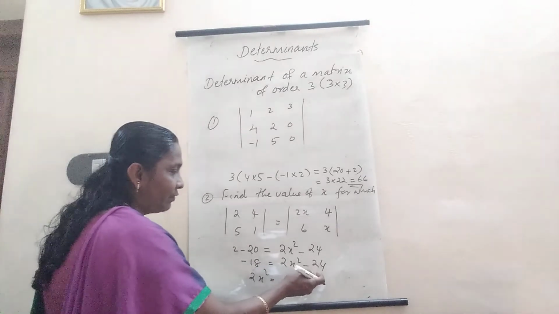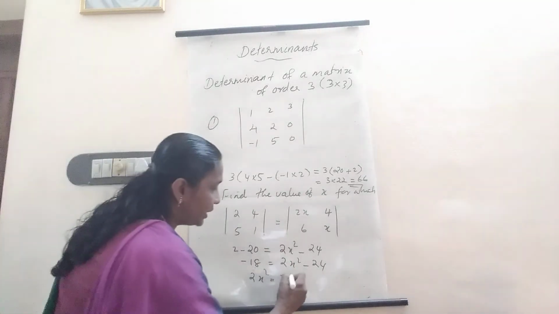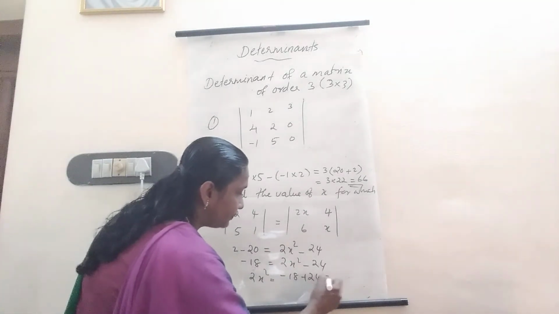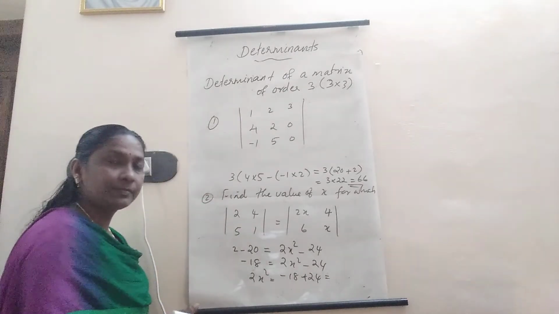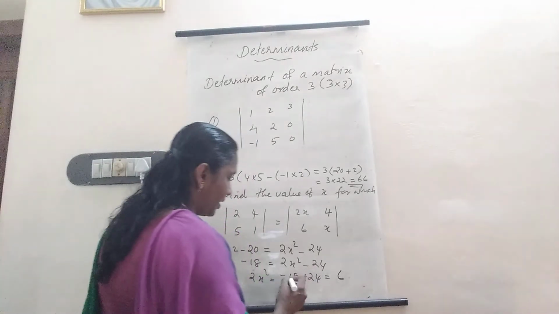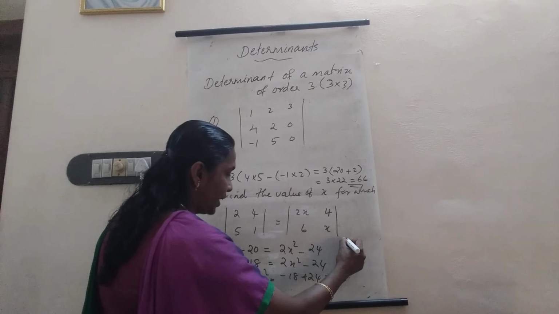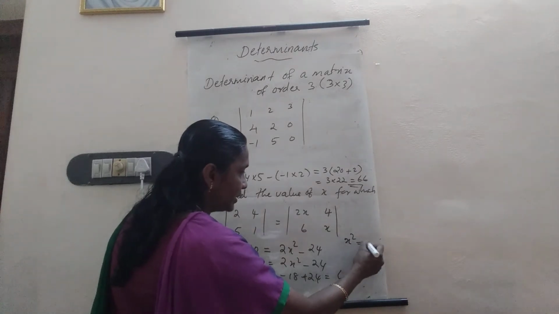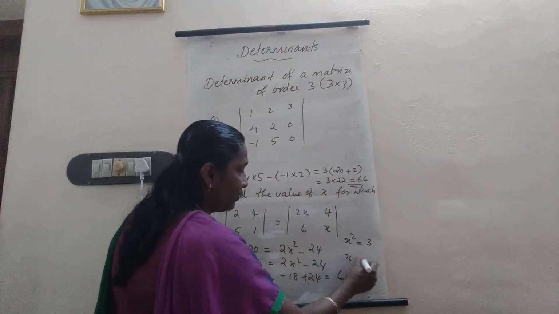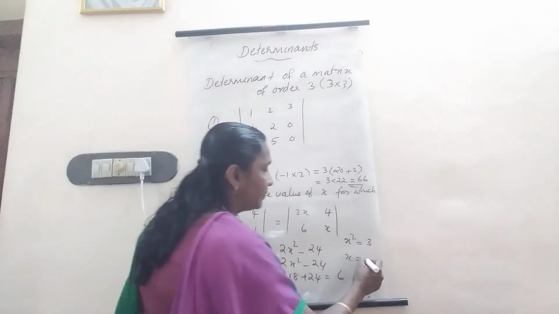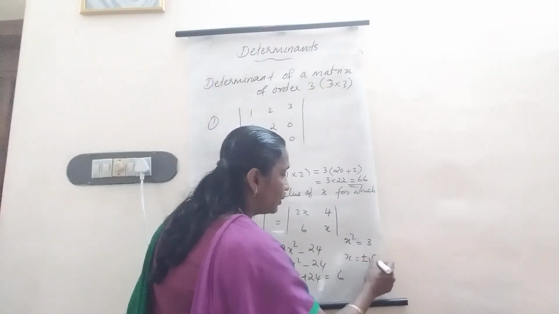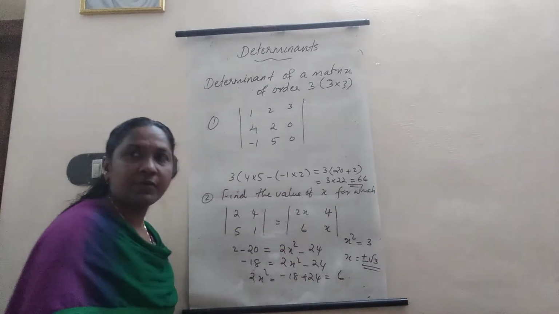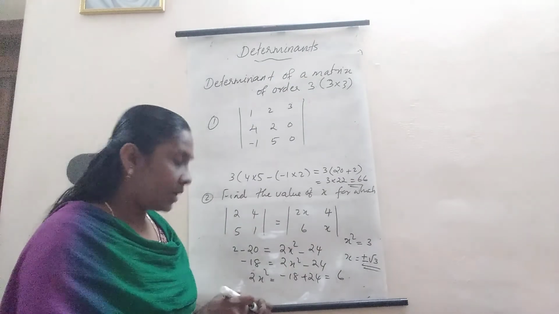That means this one we are moving to this side: minus 18 plus 24. What is the answer? 6. That is, 2x square is 6. That means x square is equal to 3. Then what is the value of x? Square root of 3. That means plus or minus root 3 are the possible values of x.